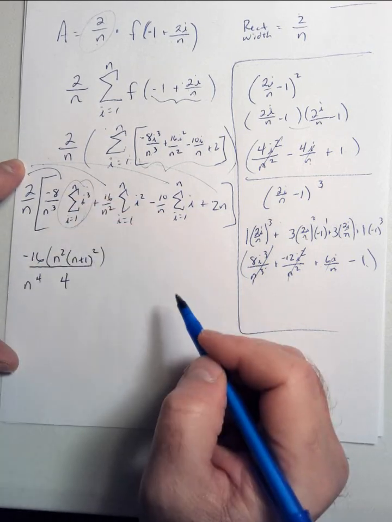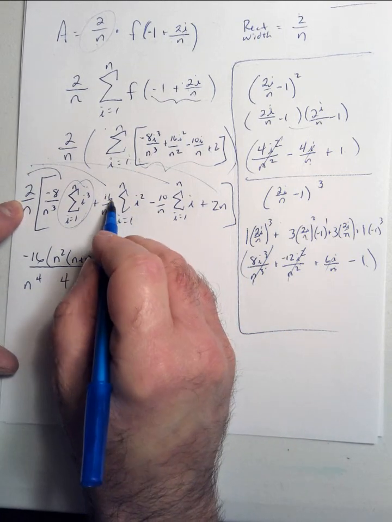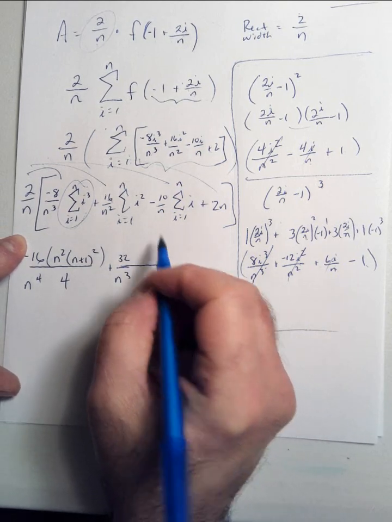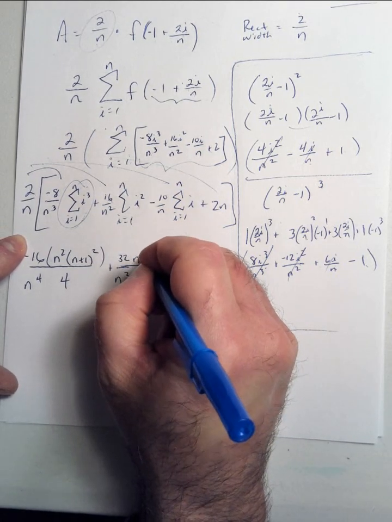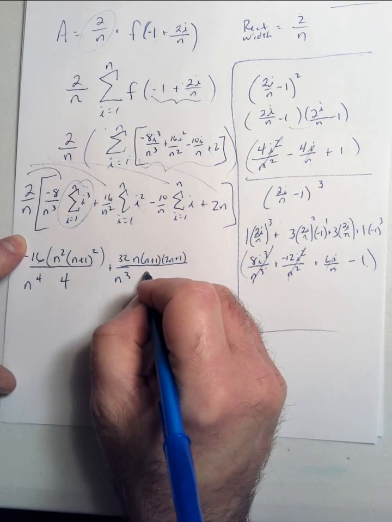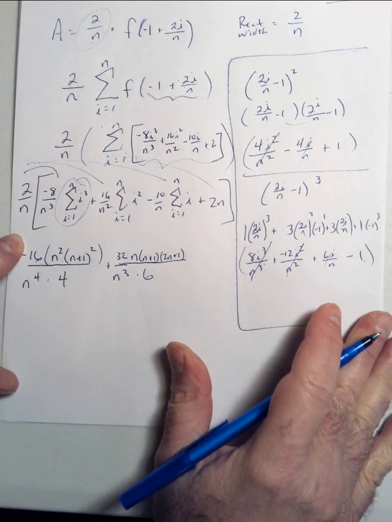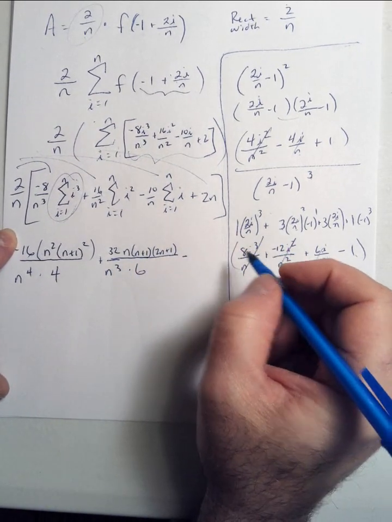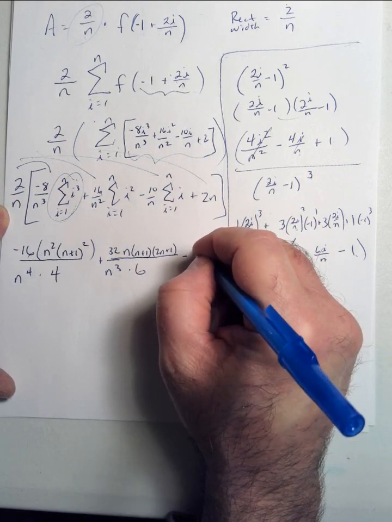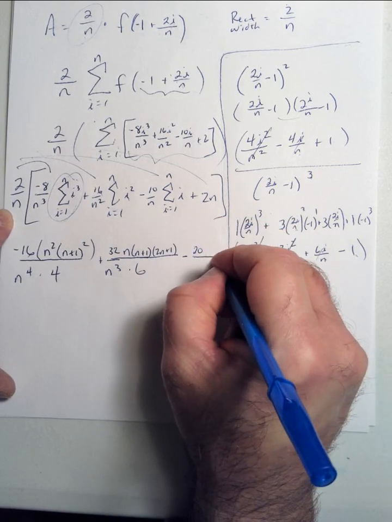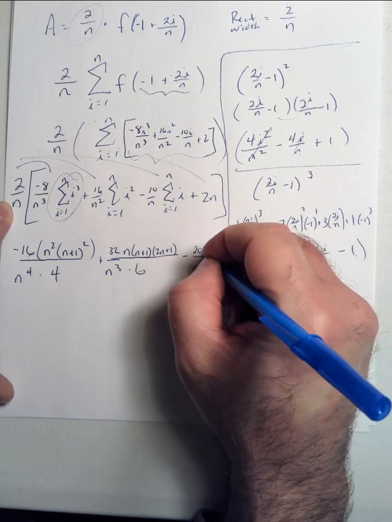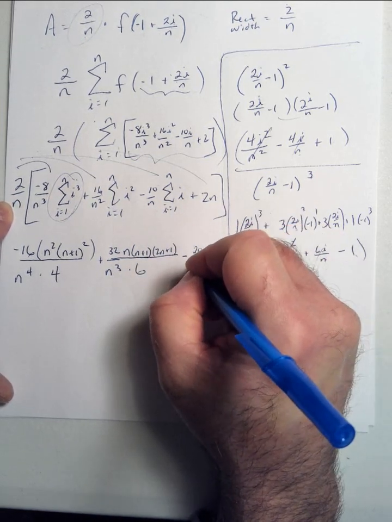That's this formula right here, plus 32 over n cubed times n plus 1, 2n plus 1 over 6, minus 10 times 2, which is 20, over n squared. This times that, right? Times that, which is n plus 1 over 2.